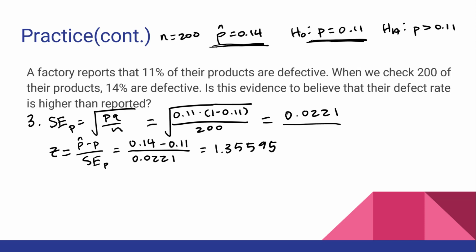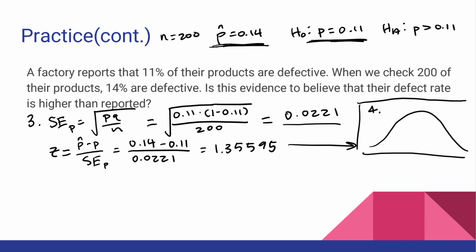Our step 4 now is to make a normal model based off of our z-score. We can just draw that off to the side there. So we have a normal model, very rough drawing. Again, it doesn't have to be perfect. Since z-scores are based off of the standard normal model, we label our mean as 0, and then our standard deviation as 1. Here is where our z-score approximately is, so we mark off 1.356.